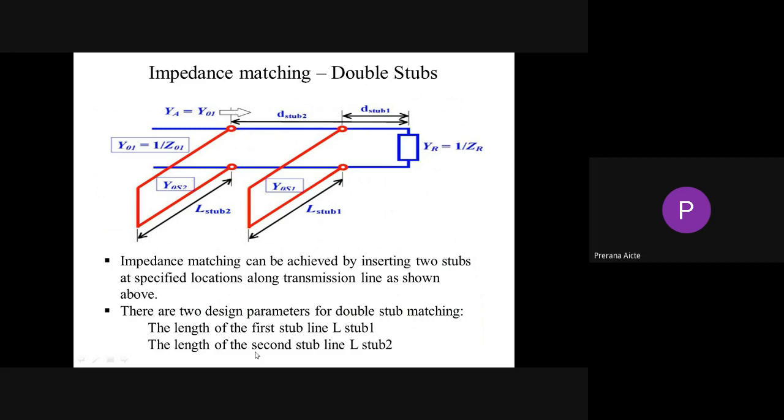The first one is the length of the first stub line, L stub 1, that is this one. Now the length of the second stub line is L stub 2. This is the length of the stub, not the distance.